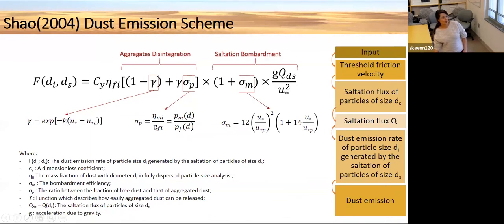And then we have sigma p, which shows the ratio between the fraction of the dust in the aggregate and that of the aggregated dust, or maybe it can be translated to the fraction of minimally dispersed particle size distribution to fully dispersed particle size distribution. And then we have bombardment efficiency, which is going to be changed based on the plastic pressure. And the plastic pressure shows the hardness of the surface. And we have defined our experiments based on these parameters and also the changing particle size distribution.